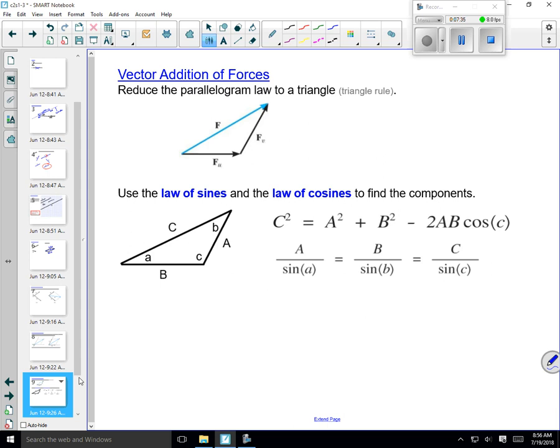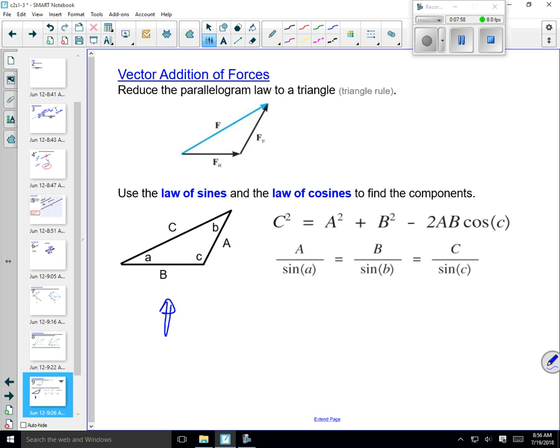And I've drawn you a picture down here of a triangle. In this picture, you notice that the capital letters A, B, and C refer to the lengths of the sides, and the lowercase letters a, b, and c refer to the angles. None of those angles is 90 degrees. So this top equation is the law of cosines.